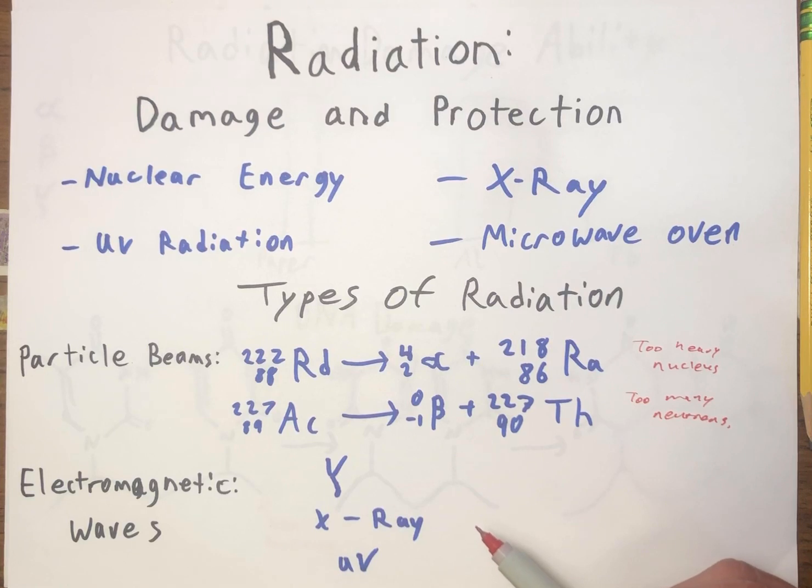The potentially damaging electromagnetic waves are gamma rays, X-rays, as previously mentioned, and UV rays. Electromagnetic rays have no mass, yet can still be ionizing to organic molecules and tissues and thus damaging.